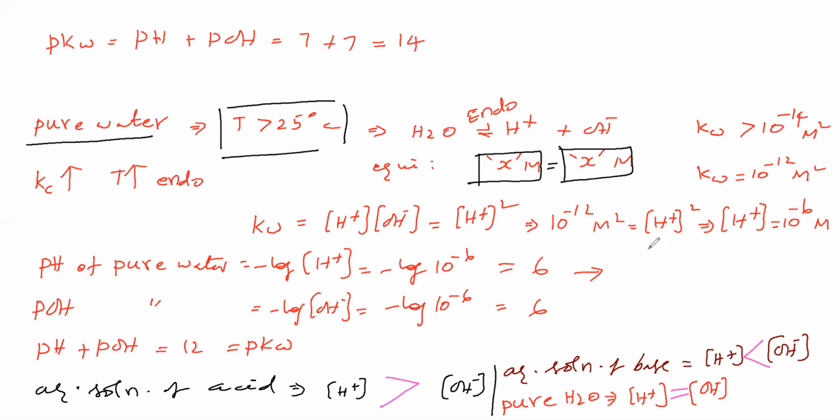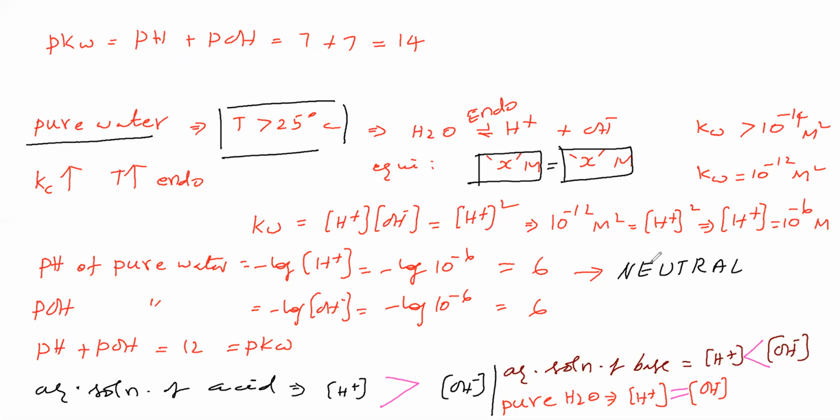Here the H plus concentration is 10 power minus 6, and the OH minus concentration is also 10 power minus 6. The pH of pure water is 6, and the pOH of pure water is 6. Since H plus concentration equals OH minus concentration, the pure water is neutral.